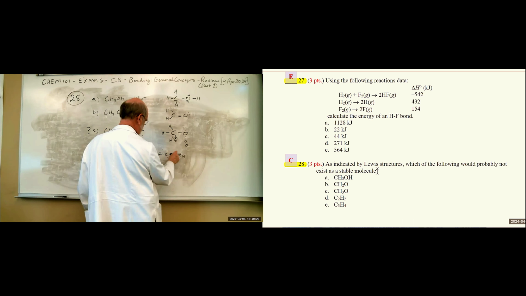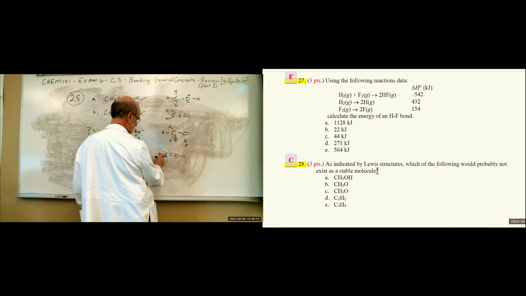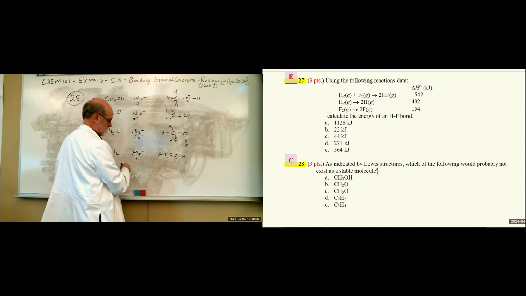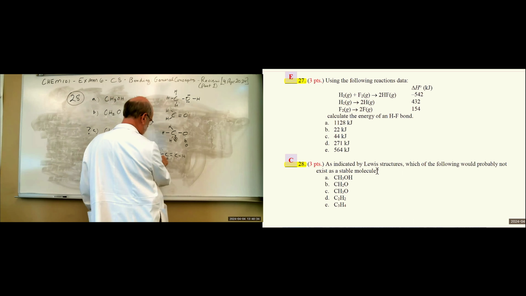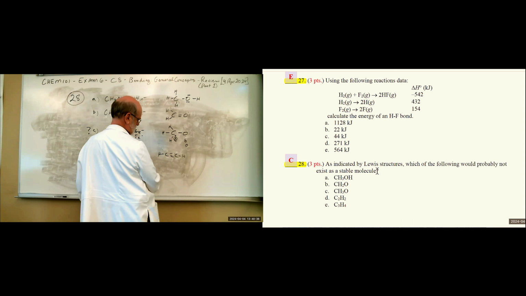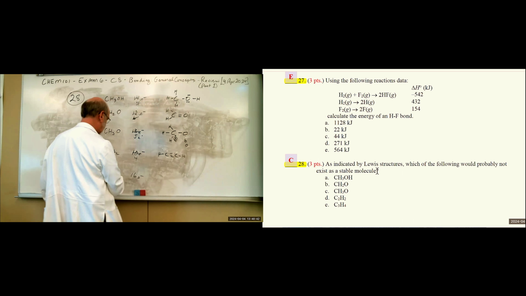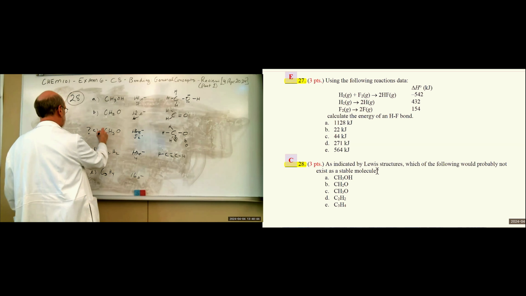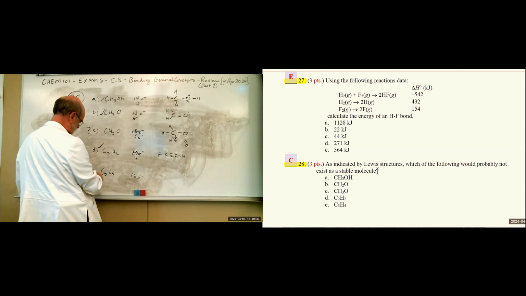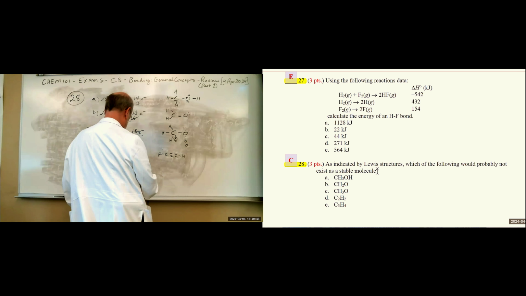Let's move over like this, like that, make a bond. Right? 2, 4, 6, 8, 10. Still got 10 electrons. That's good. But we still don't have an octet here. What if we move these two together and make another bond? Yeah, that'll do it. 2, 4, 6, 8, 10. That's acetylene. That one's good. And C3H4.